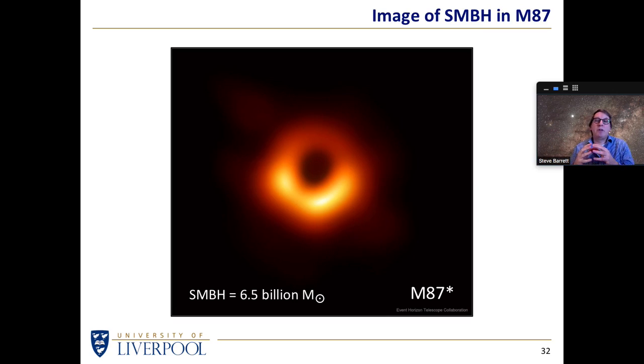It's been determined that the supermassive black hole at the heart of M87 is an absolute monster. It has a mass of 6.5 billion solar masses. Remember, the one at the centre of our Milky Way is only about 4 million, and this is some 1,000 times bigger. What we're effectively looking at is an accretion disk, slightly brighter on one side compared to the other, and there's this shadow in the middle because light is finding it very difficult to get past the black hole.